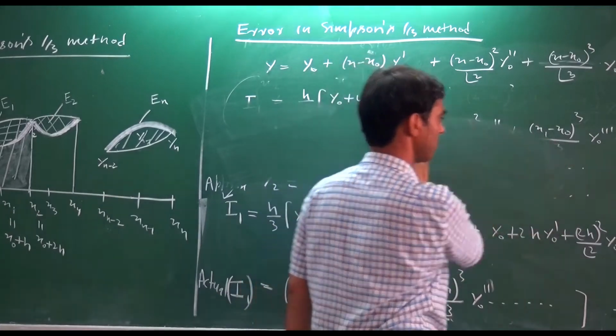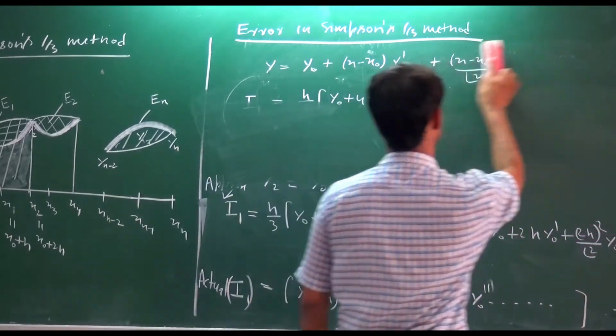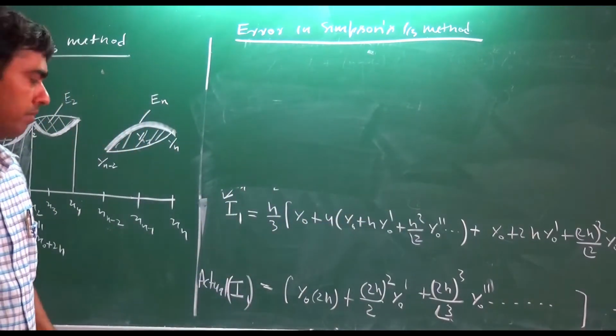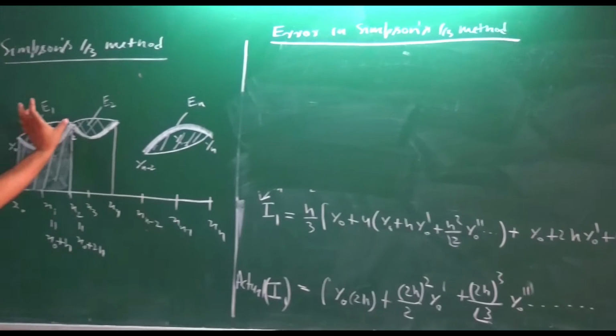So what is the error? If we write the error directly, after simplification, we get the error in this step, E1.